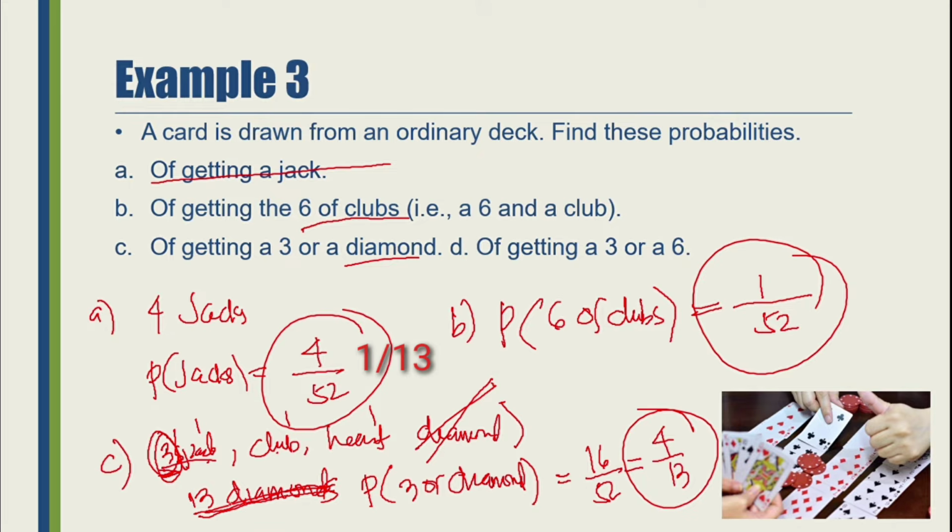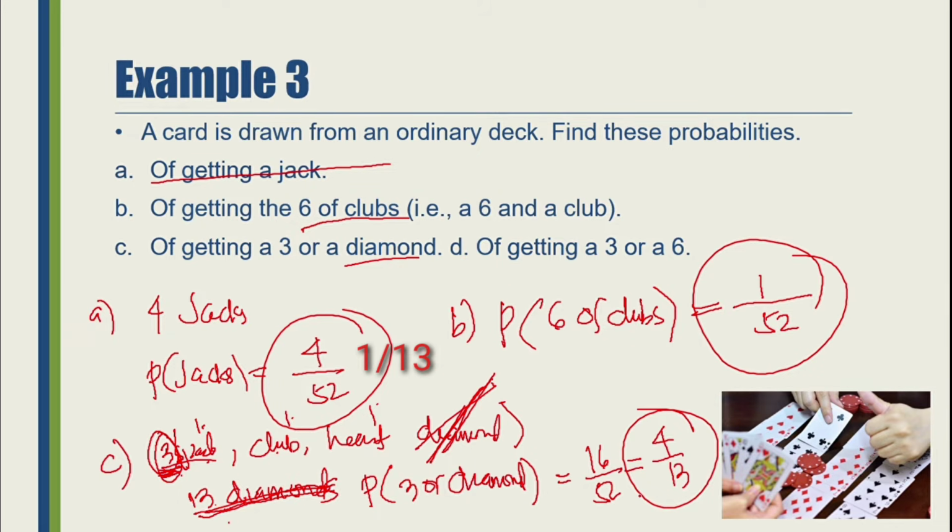Since the 13 diamonds include the 3 of diamonds, we have to eject one of the diamonds in 3 so it is counted once and cannot be repeated. So 1, 2, 3 plus 13, we have 16 over 52. That's equal to 4 over 13.